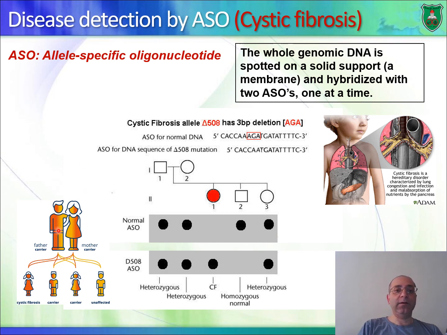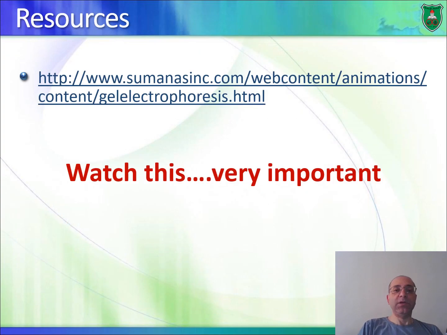So simply we say that the father and the mother are both carriers, and they have, let's say, these children right here. This boy is not affected. Okay, this girl has cystic fibrosis, and these two are both carriers. They are heterozygous.